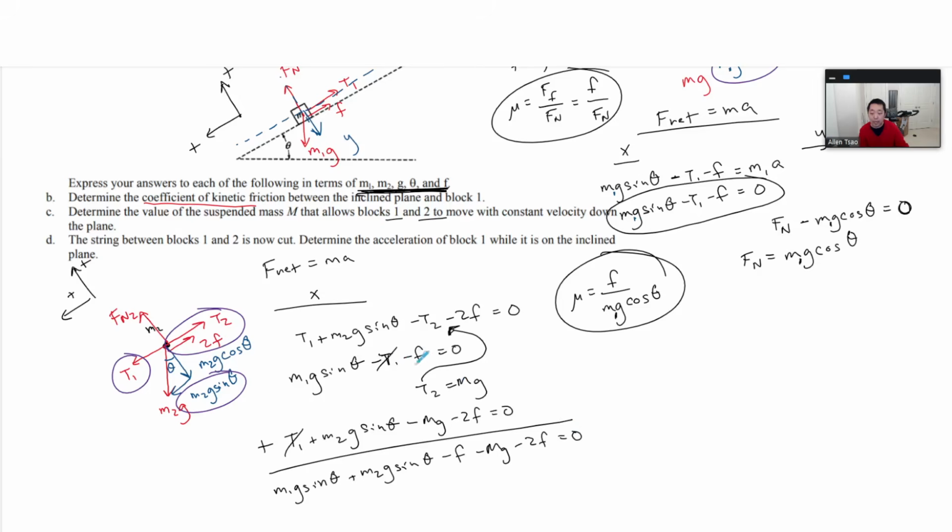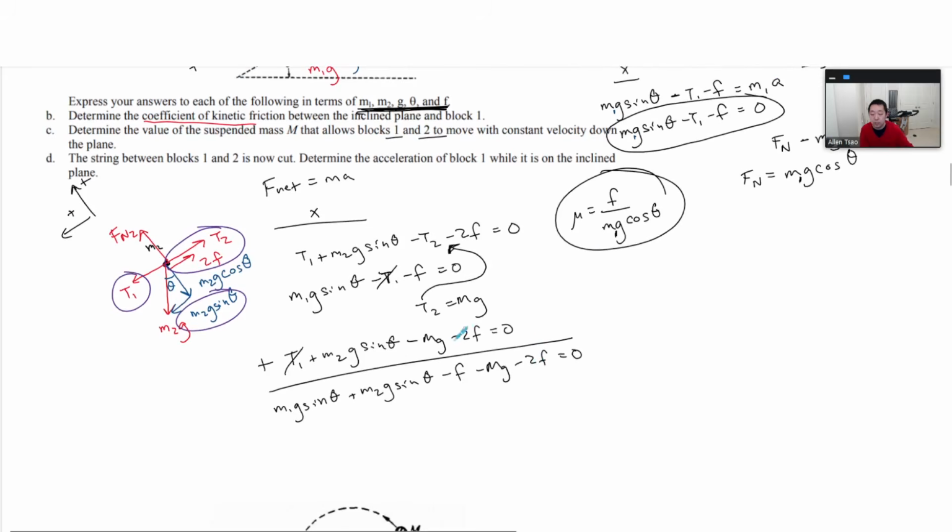I'm just adding the two equations. And now I can see that I have m1g sine theta plus m2g sine theta minus 3f. I'll move the mg over to the other side because I want to solve for m, and so I want to isolate m. So I added mg over there, and I just divided by g.